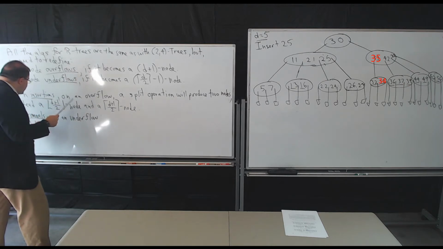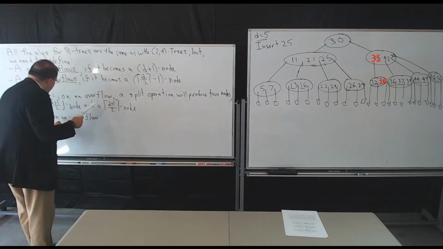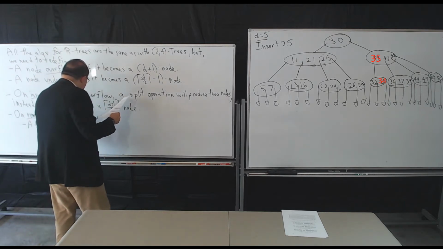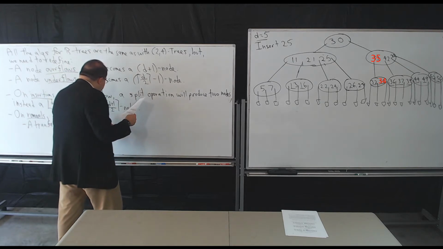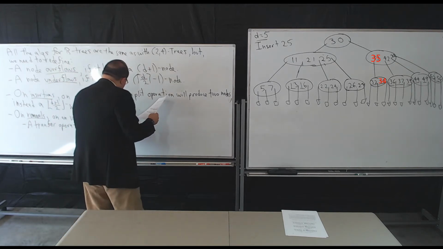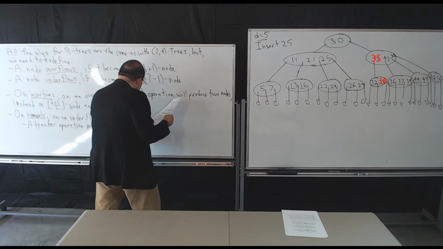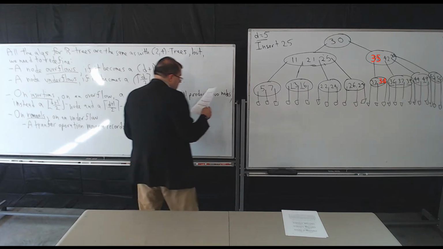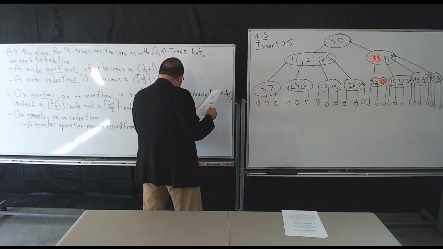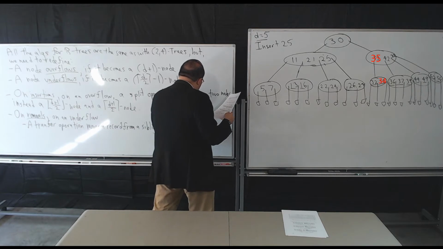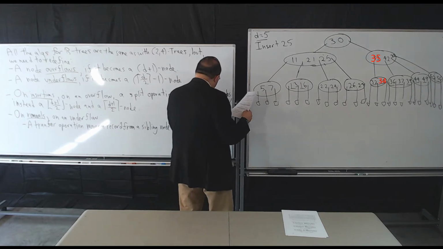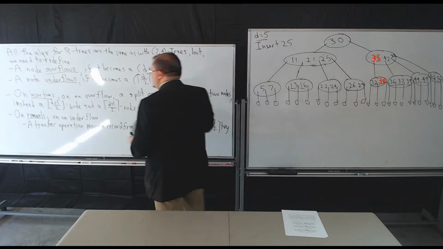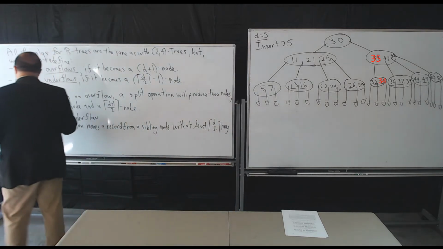A transfer operation moves a record from a sibling node with at least the ceiling of d over 2 keys, which would of course imply that it has the ceiling of d over 2 plus 1 children.